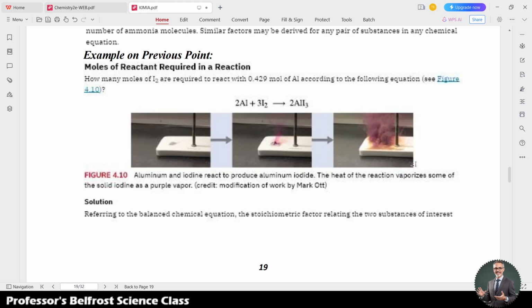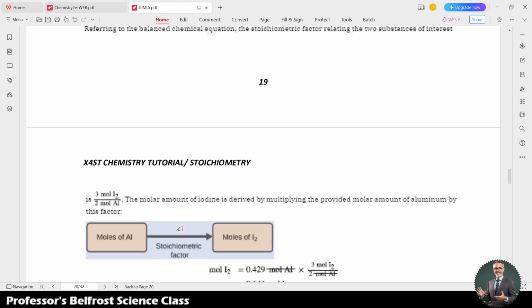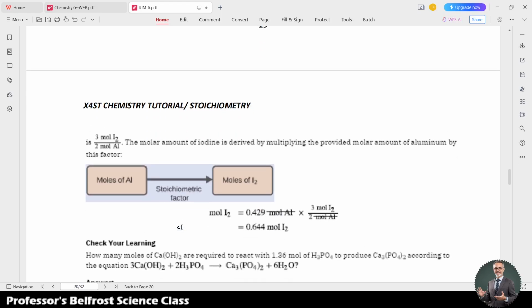How many moles of iodine are required to react with 0.429 mole of aluminum according to the following equation? 2 aluminum plus 3 iodine to become 2 aluminum iodide. Referring to the balanced chemical equation, the stoichiometric factor relating the two substances of interest is 3 moles of iodine per 2 moles of aluminum.